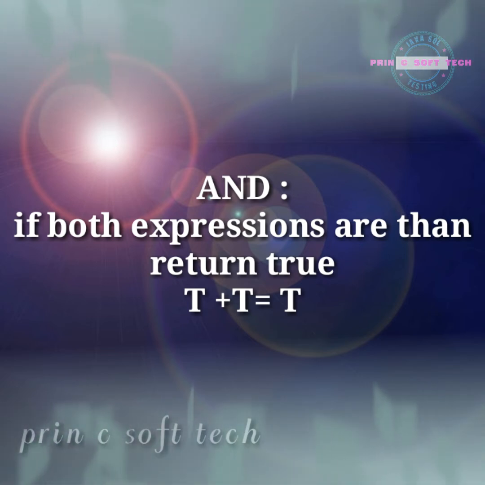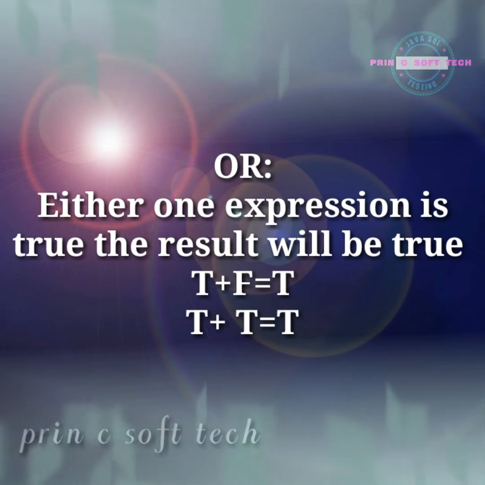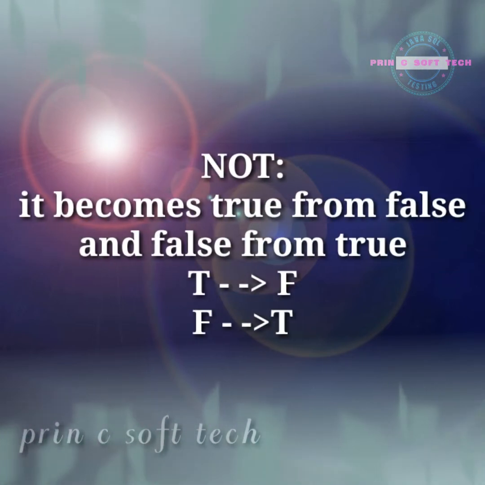The AND operator returns true if both the conditions are true. OR will return true if either one of the conditions is true. And NOT will take either true or false. It only takes one value, and it becomes true from false and false from true.